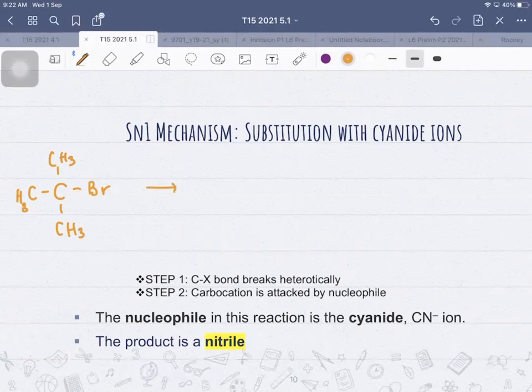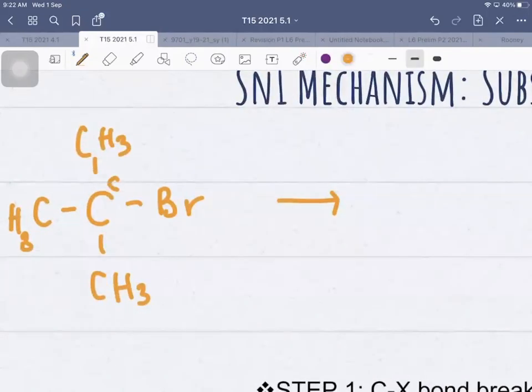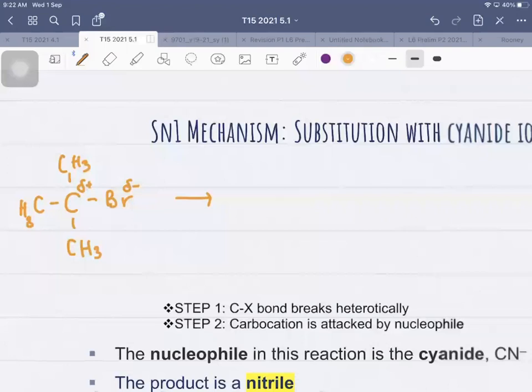So that means I only have the halogenoalkane in the first step. There's no nucleophile attacking yet. Okay, but I need to include all my dipoles, any charges, any lone pairs, and so on. So the first step involves the breaking of the carbon halogen bond, whether this is carbon bromine or carbon chlorine.